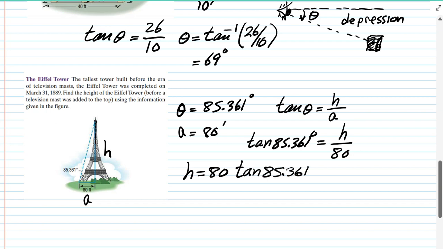And when you do this, of course, make sure your calculators are in degree mode, correct? And we get 985.91 feet. And there you go. That would be the height of the Eiffel Tower.